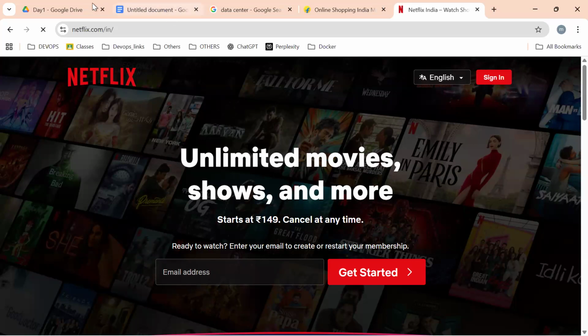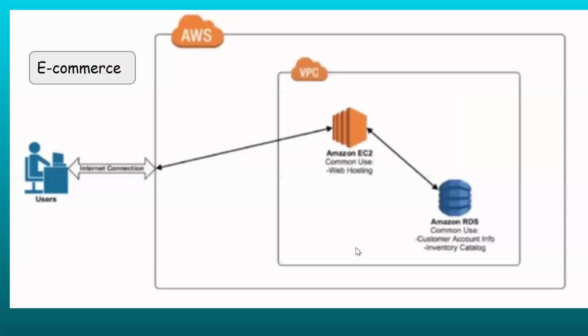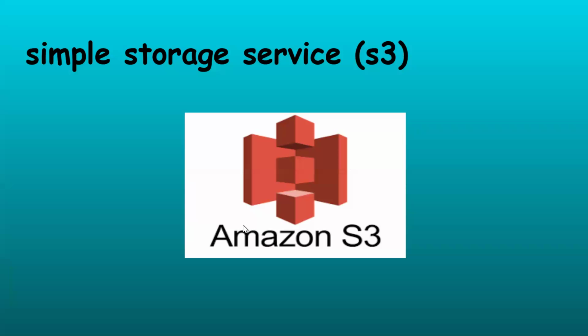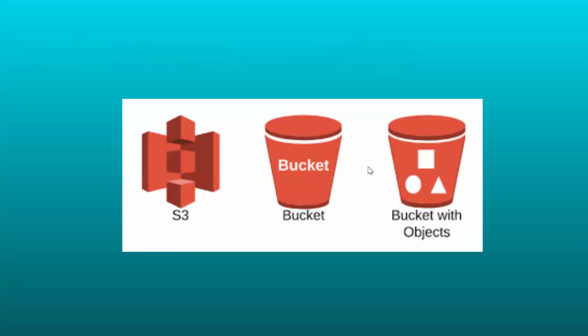Can a database handle a 6 GB, 9 GB, or 10 GB file? No. That is the reason we use an external storage called Simple Storage Service. With S3, we can create external storage, upload and download at any point of time over the internet, from any device.